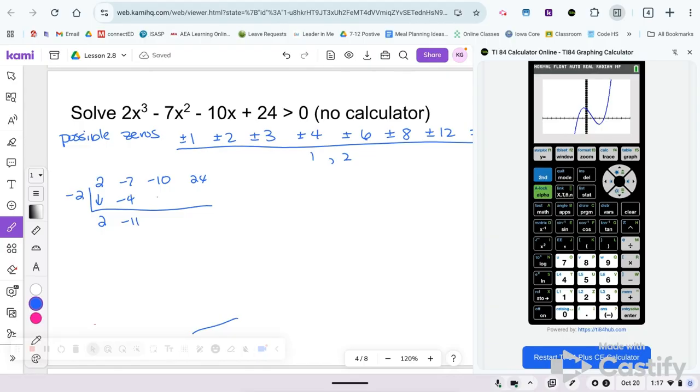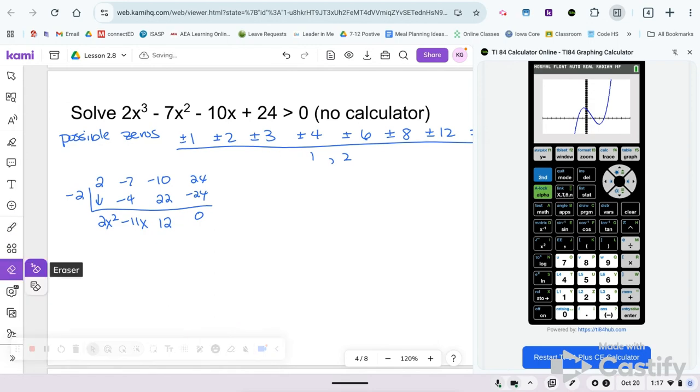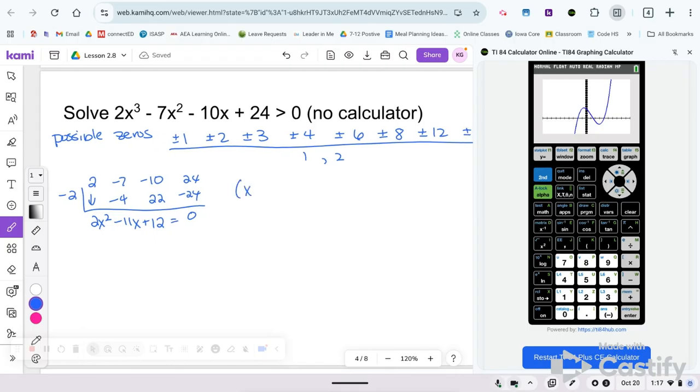Multiply those to be +22. Add those to be +2. Multiply those to be positive 12, multiply those to be negative 24, and that is a 0. Which leaves me with the quadratic 2x squared minus 11x plus 12 equals 0. So I know one of my zeros is x plus 2.